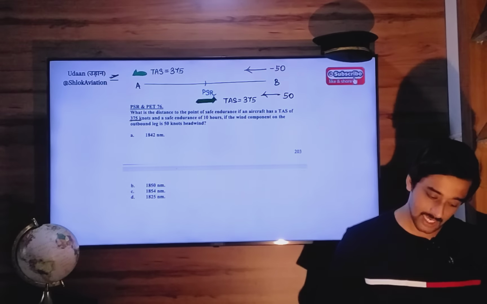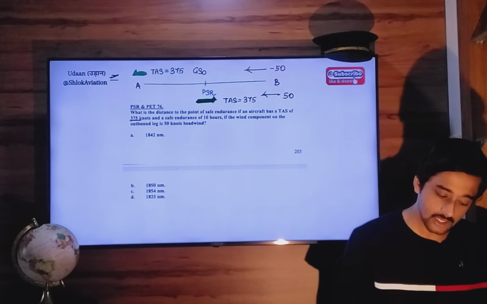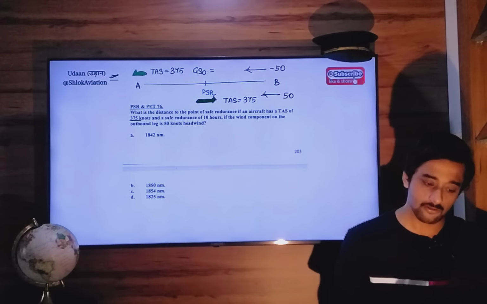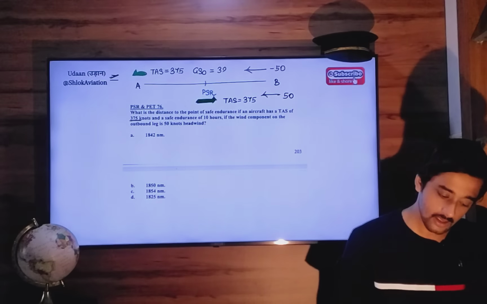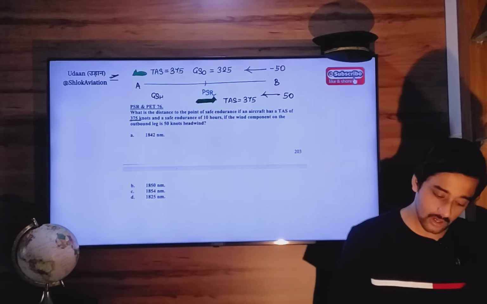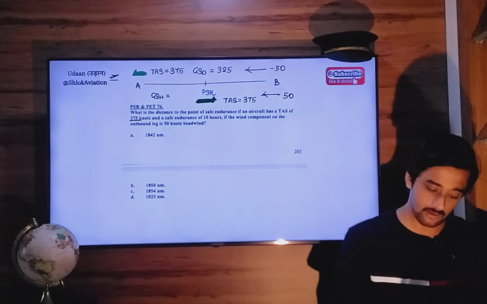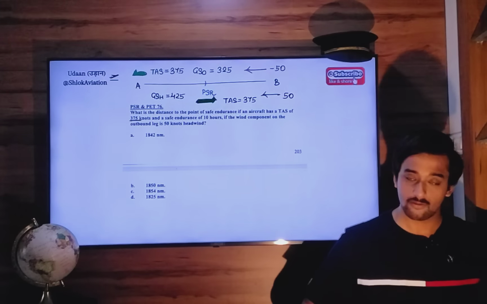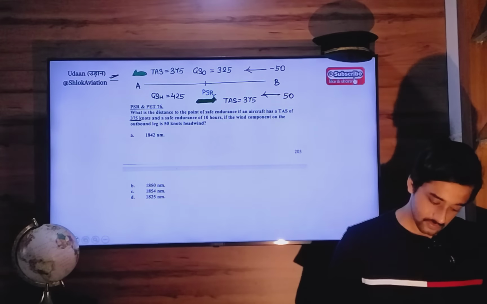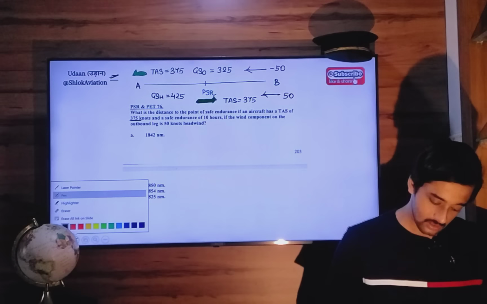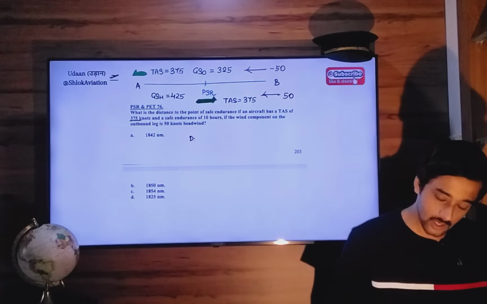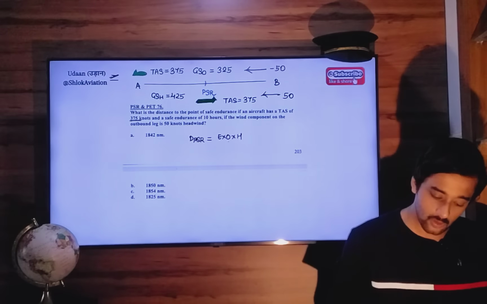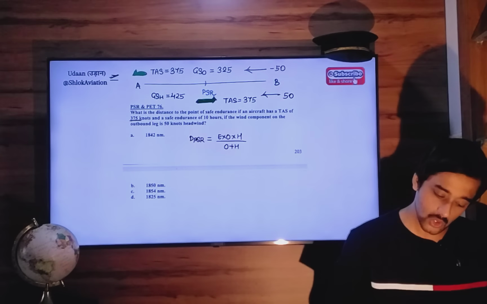So next step, ground speed outbound will be true airspeed minus headwind. So 375 minus headwind 50, 325. Ground speed homebound will be true airspeed plus tailwind. So 375 plus 50, 425. Right? So distance to point of safe return equals endurance into outbound into homebound divided by outbound plus homebound.